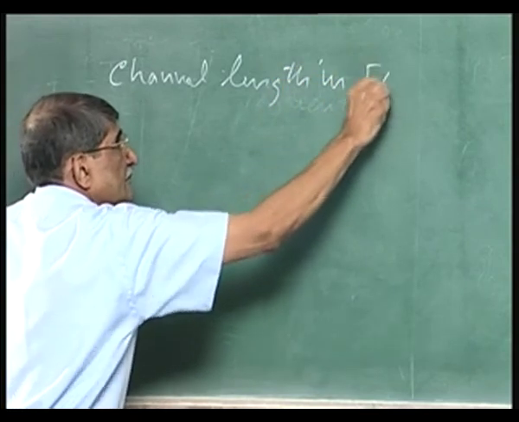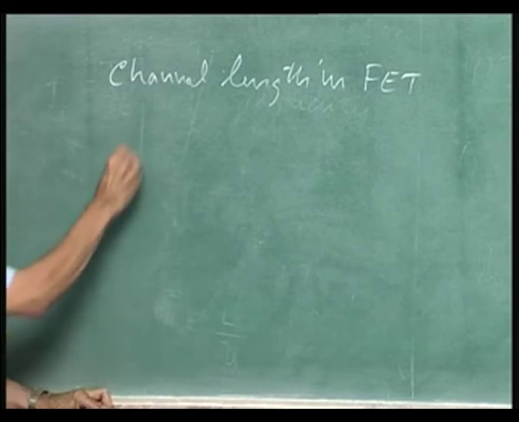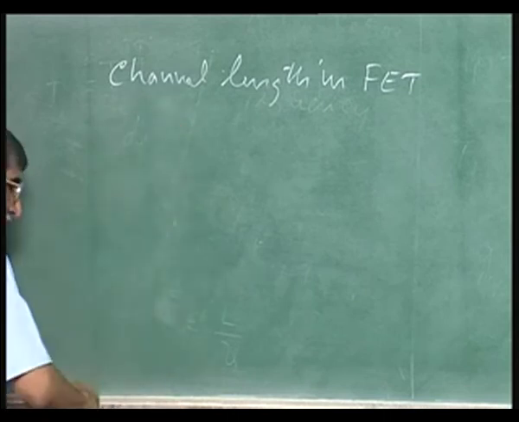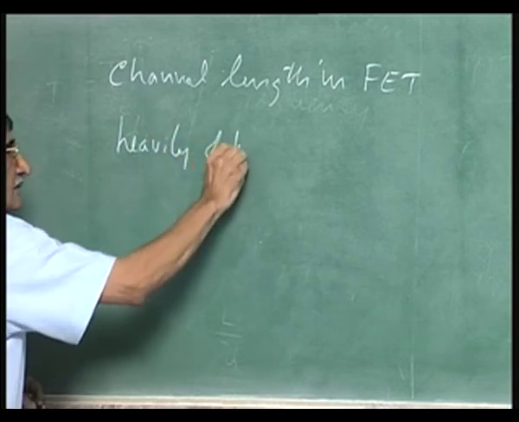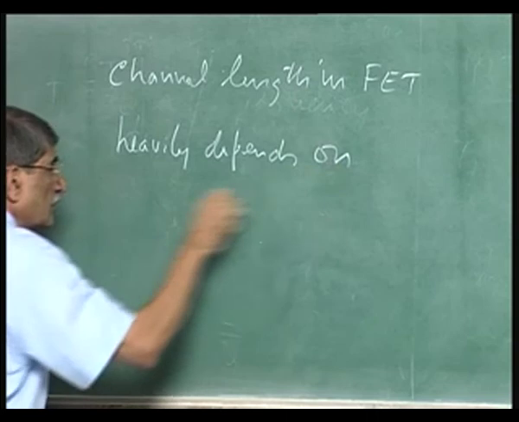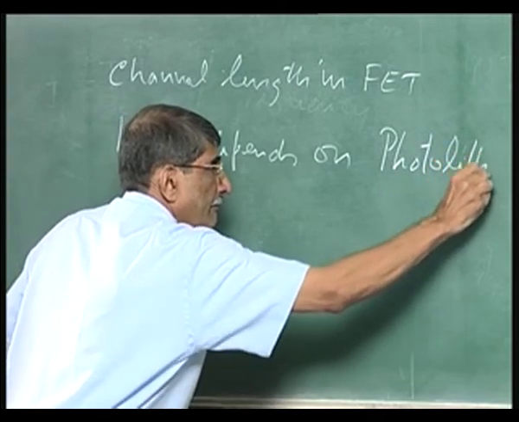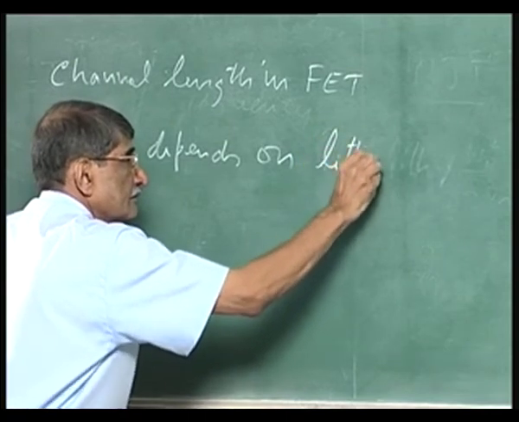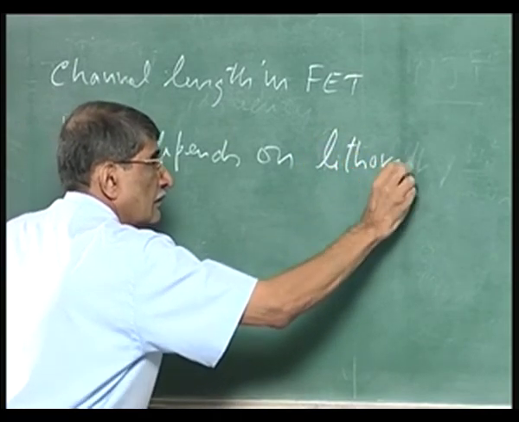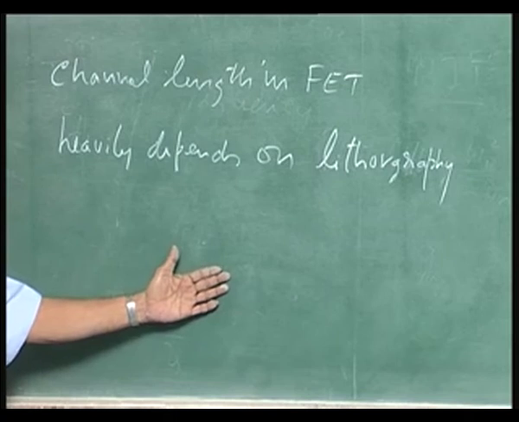In FET, it depends heavily on lithography, why say photolithography, because it can be electron lithography also. So, you can see you go in for more and more sophisticated lithography techniques to get shorter and shorter channel lengths. What about BJT?